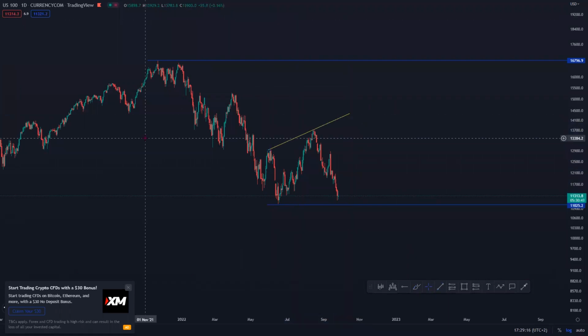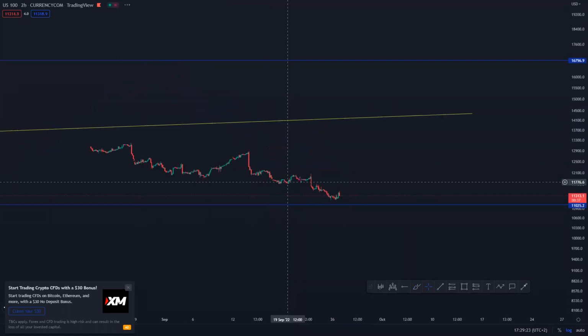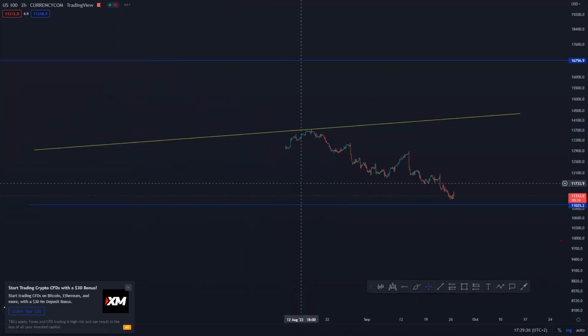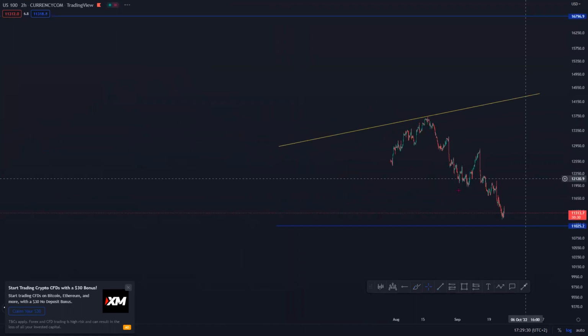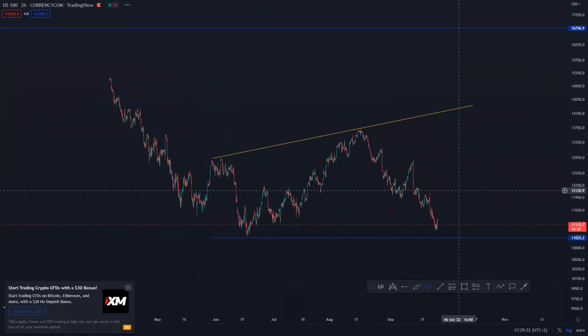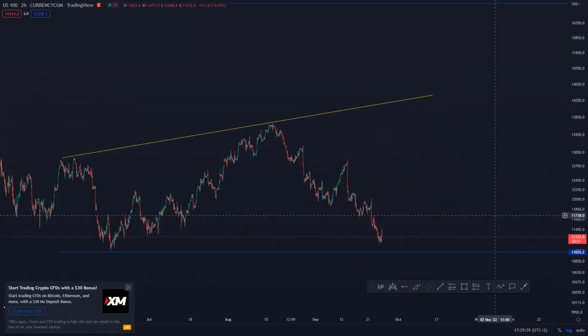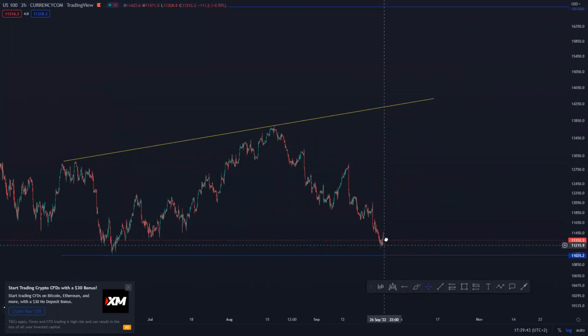Let me go to 2 hour to see what's happening. On Nasdaq, this is a 2 hour time frame. Just wait for the market to come and test this low around here.